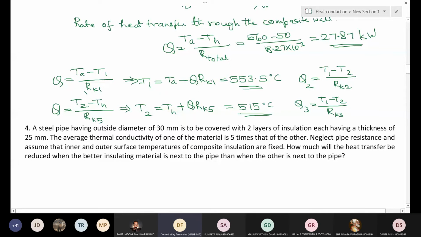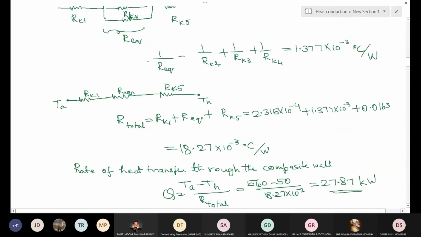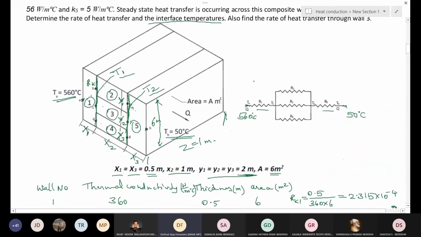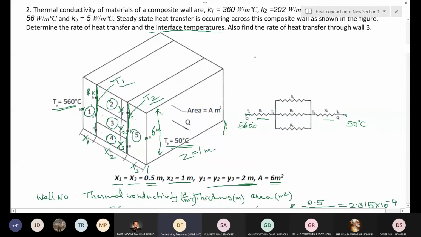Otherwise, you can write a formula: Q3 equals K3 A3 into total heat transfer divided by the sum of K2 A2 plus K3 A3 plus K4 A4.